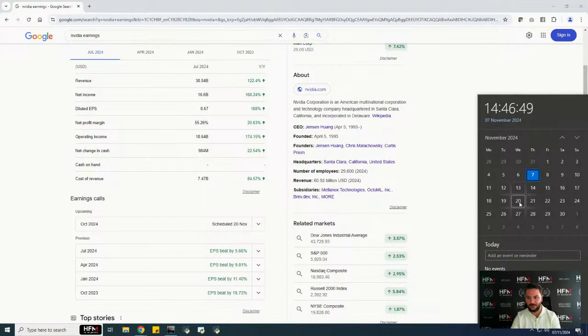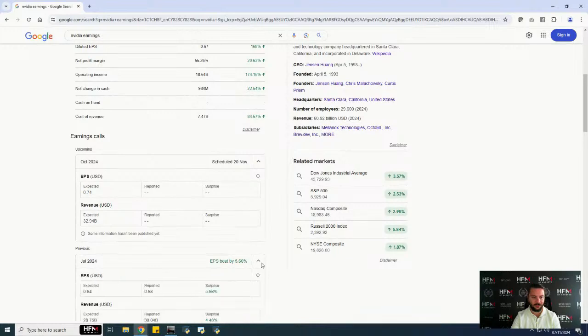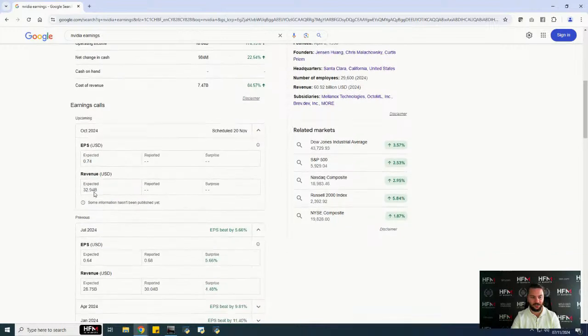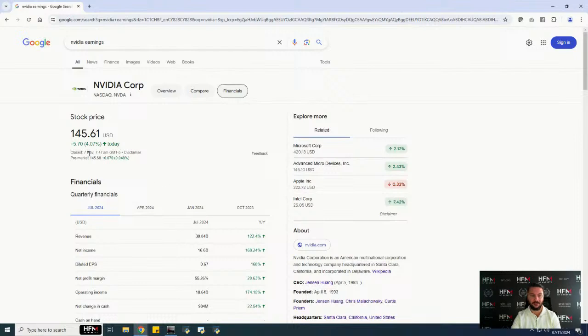It's not next Wednesday, it's the Wednesday after that, and it will be after market close. So if, ladies and gentlemen, because earnings per share is expected to increase, revenue is also expected to increase as well. If they come in though higher than expected, that can really support the stock market, generally speaking. Yesterday, Nvidia stocks increased by 4% as well.